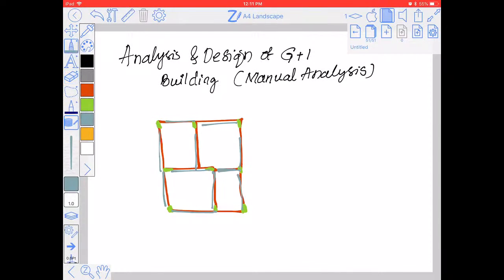Here I am taking a simple building. The room sizes are 4 meter by 4 meter, 2 meter by 4 meter, and 3 meter by 3 meter. These are the dimensions.